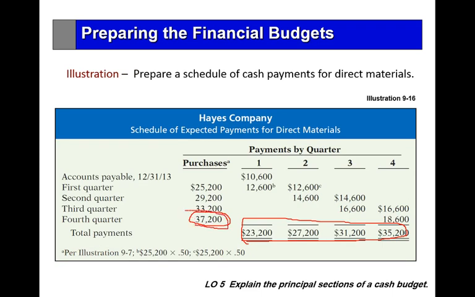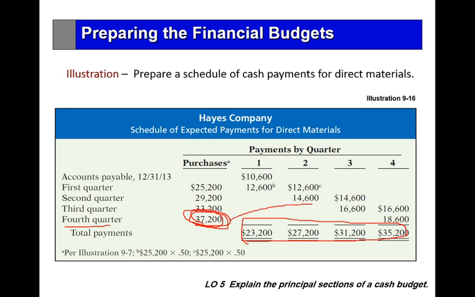Purchases of the direct materials expected to be incurred in the fourth quarter will be 37,200. We expect to purchase this amount in the fourth quarter.